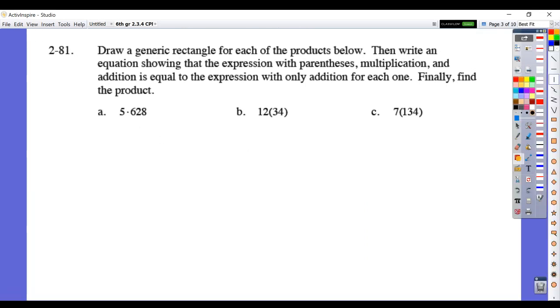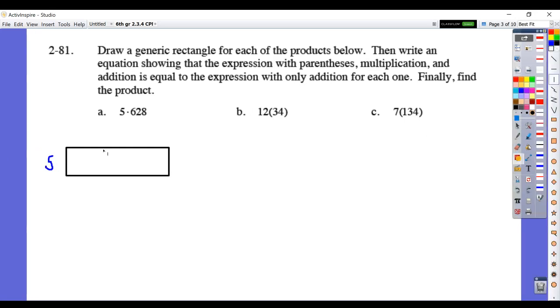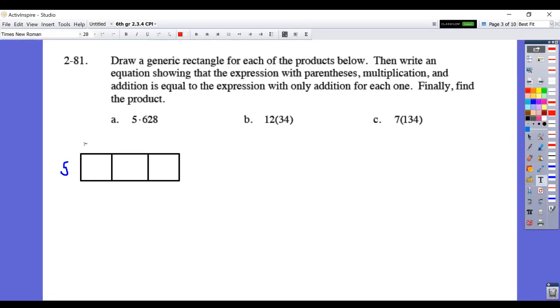So for A, 5 times 628. I'm going to put the 5 on the side. The 628, I'm going to break into 3 parts, of course, the hundreds, the tens, and the ones. So 600 plus 20 plus 8.